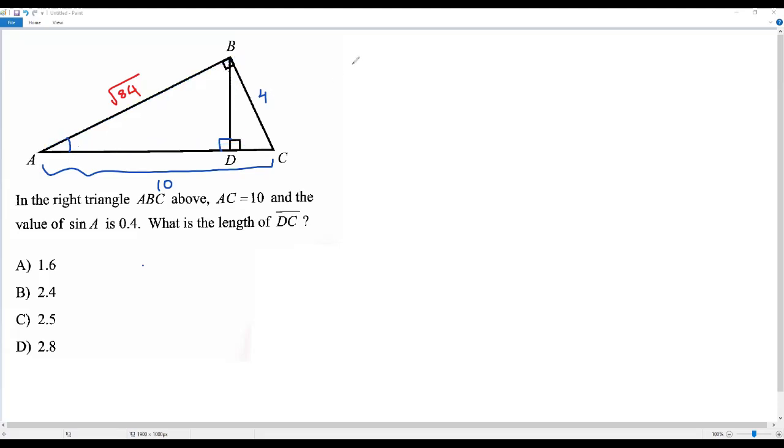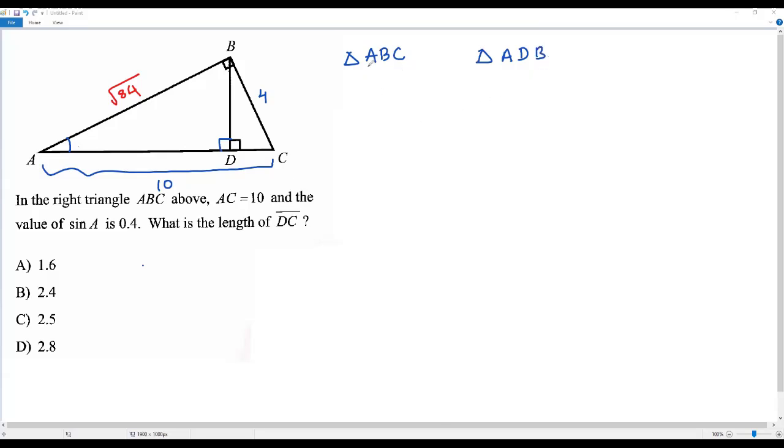Now let me write the vertices in order. Let me take two triangles. A is a common vertex for both the right triangles. Let me write the common vertex at first. And now let me consider the vertex in the right triangle ABC where we have the right angle. Clearly that's vertex B. And in this triangle ABD, let me consider the vertex where we have the right angle, that is D. And the third vertex of this right triangle is C. And the third vertex for this right triangle is B. Let me write it over here.